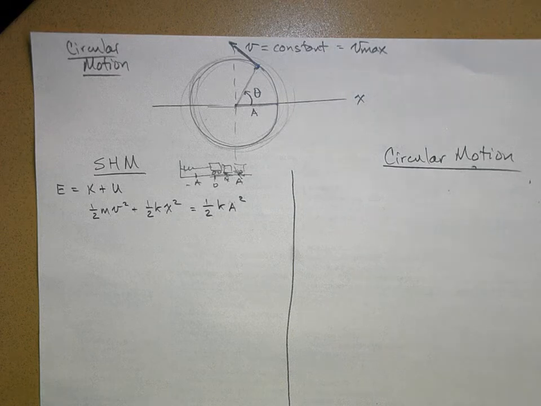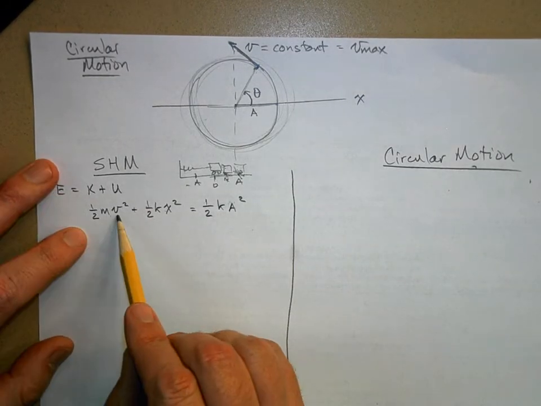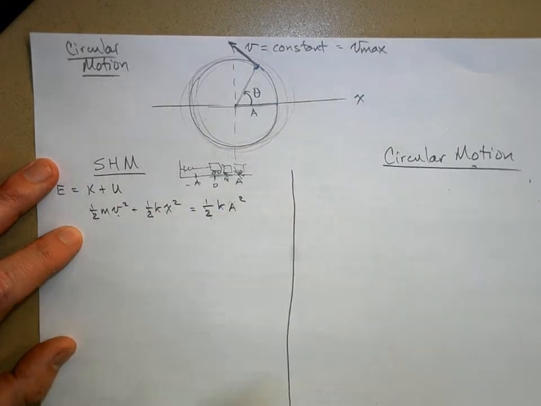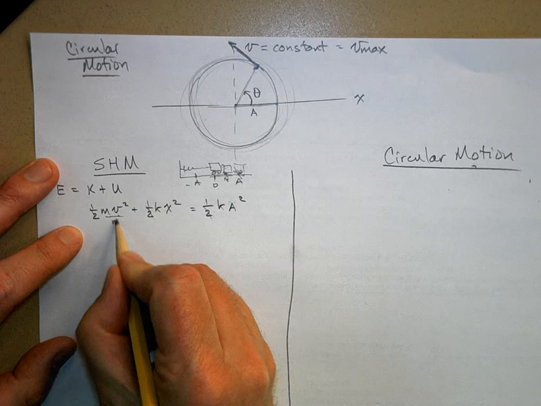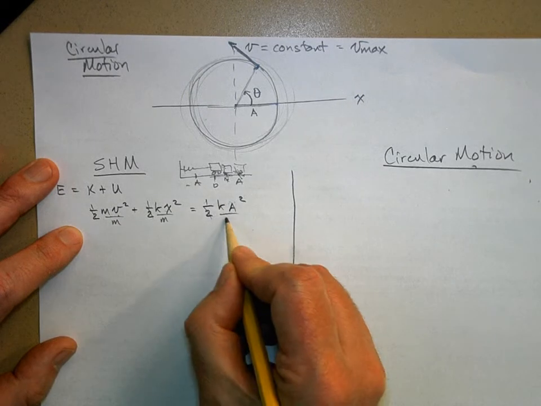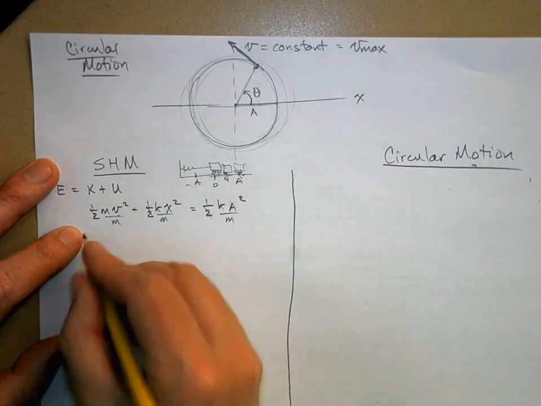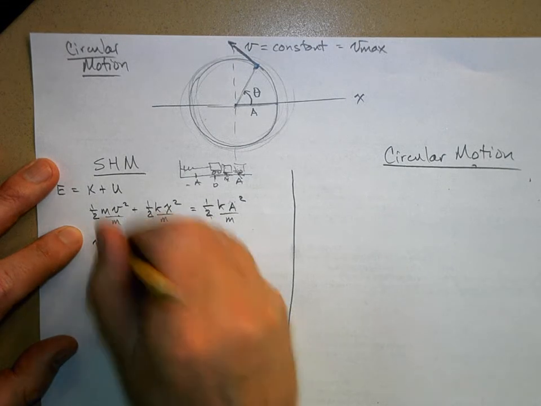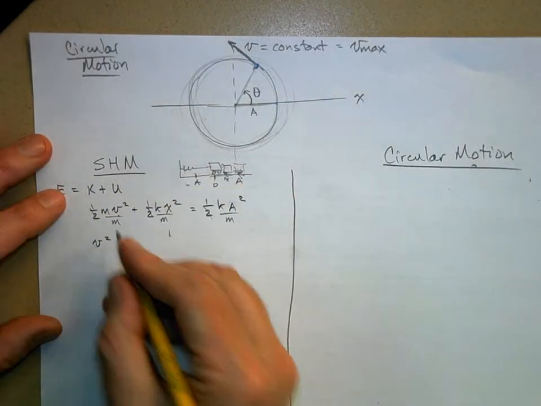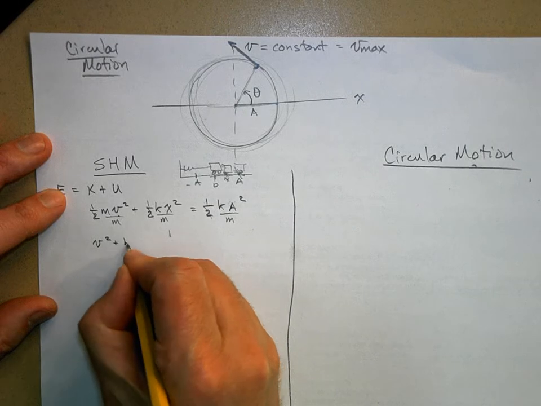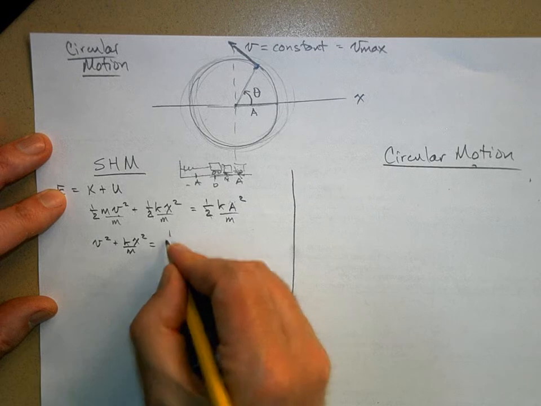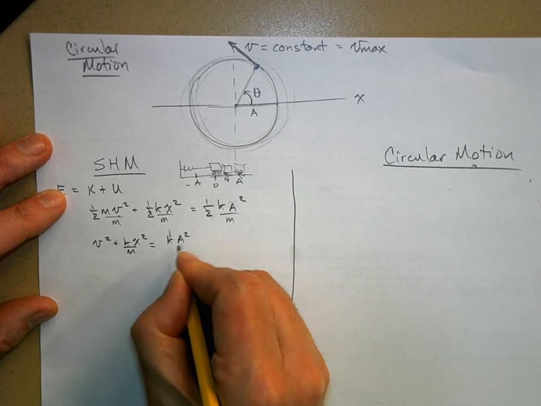Now what I'm going to do is solve this for v squared. So if I do that, the 1/2 goes away, and I'm going to divide by m. And so what I get is v squared, plus kx squared over m, equals ka squared over m.